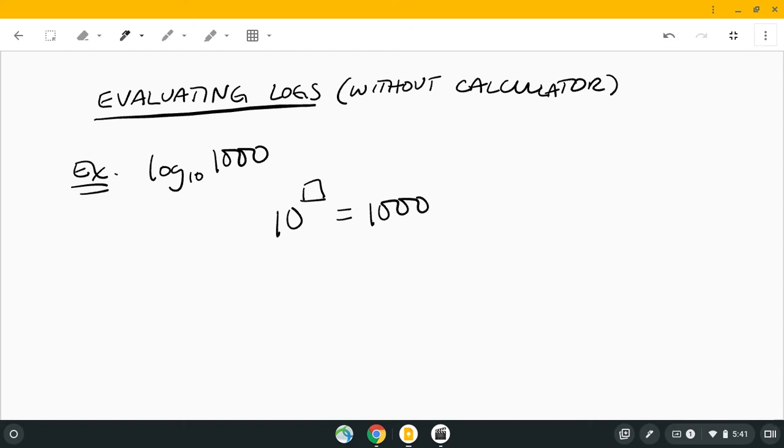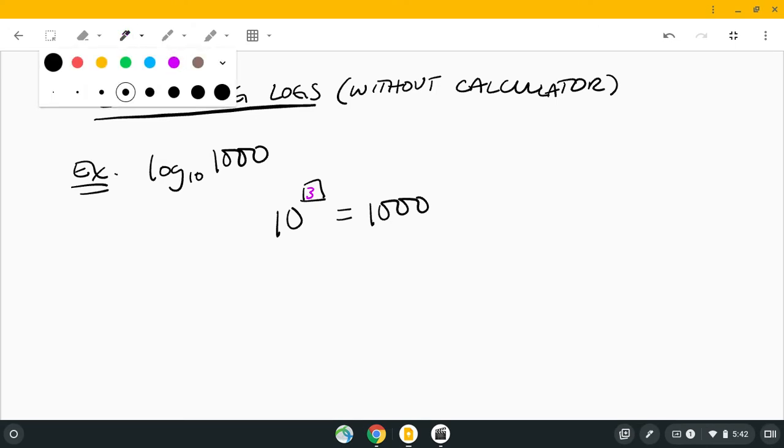You should be able to know that 10 to the third power. Okay, let me use a different color. So we're trying to figure out the exponent. So here we can see that it's got to be a 3.